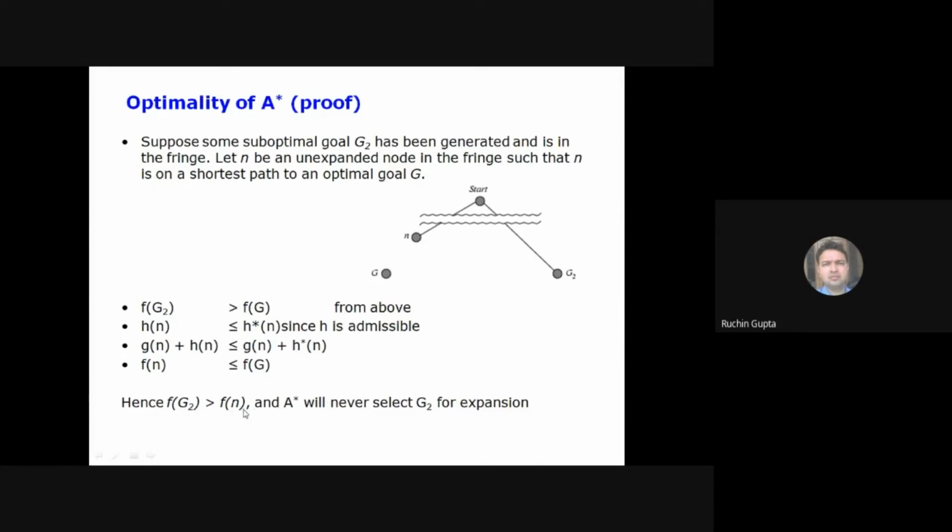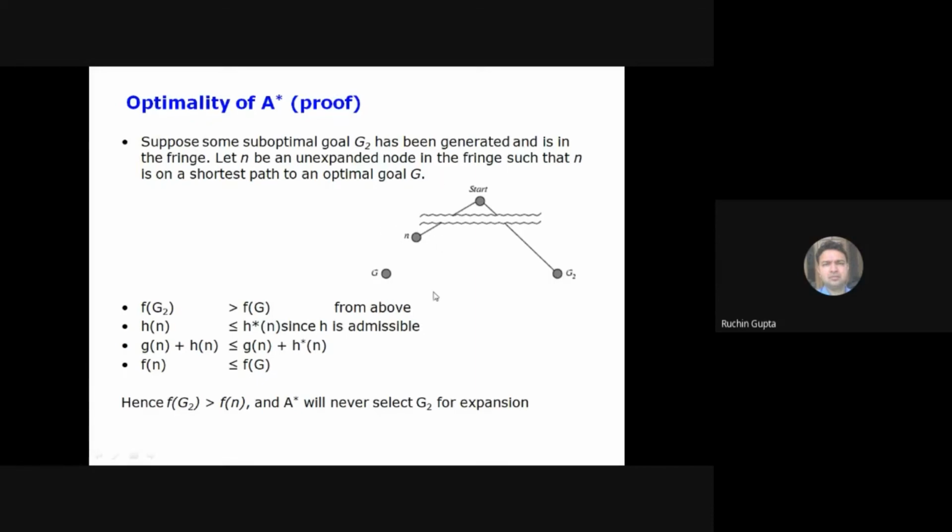It means the cost of the path from the starting node to G2 is greater than the cost from the starting node to the node N. So since this node N has a lesser value of f, the A star algorithm will never select this G2 node for expansion. It means that it will definitely select the node N for expansion.